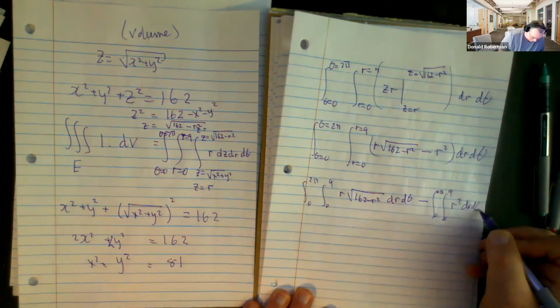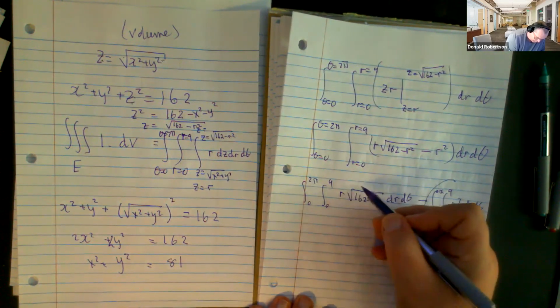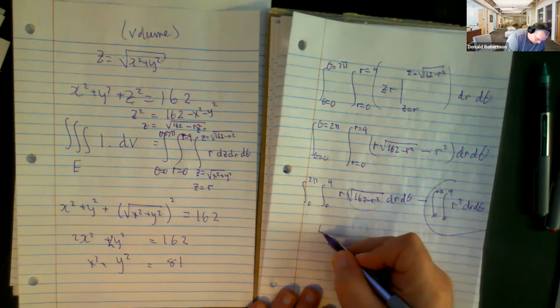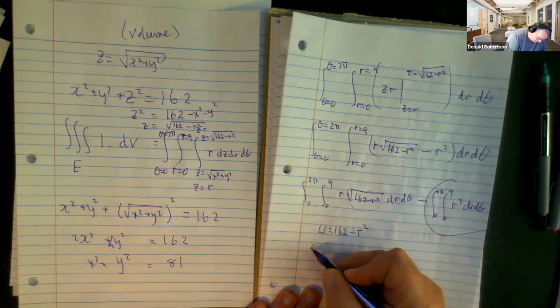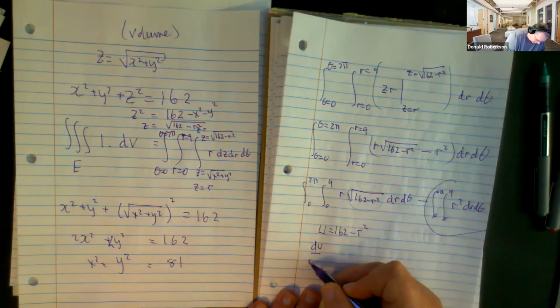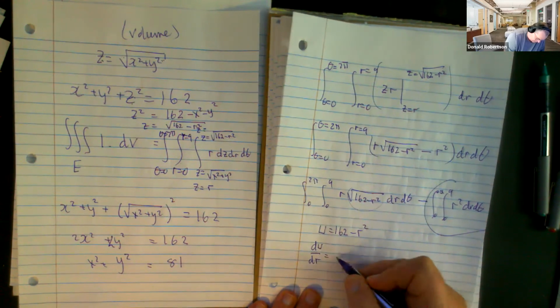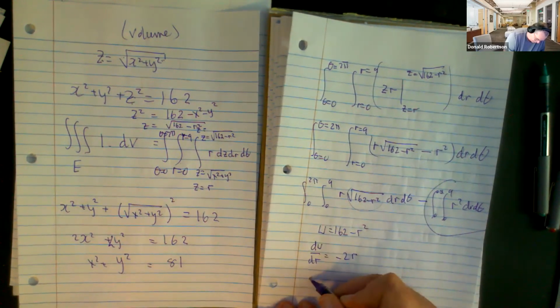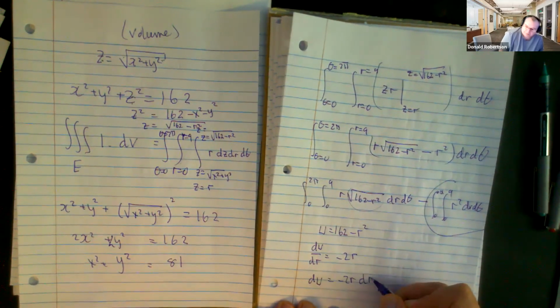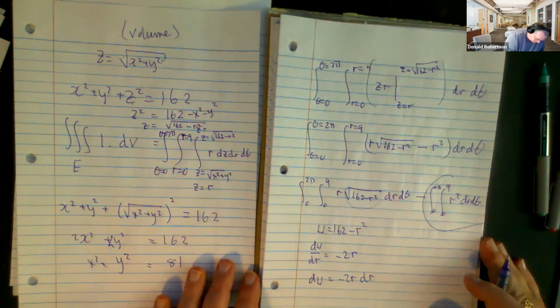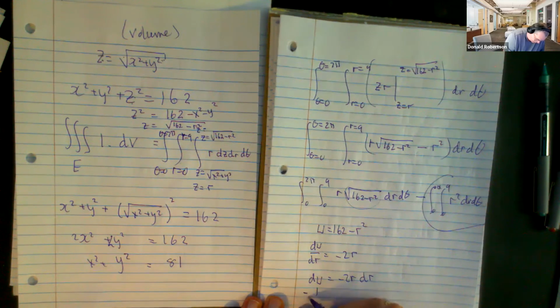This is the one with the u sub. The u sub you're going to use is this one. If you differentiate with respect to r, you get that. If you do the crossover, you get that. Then you divide to isolate the dr.